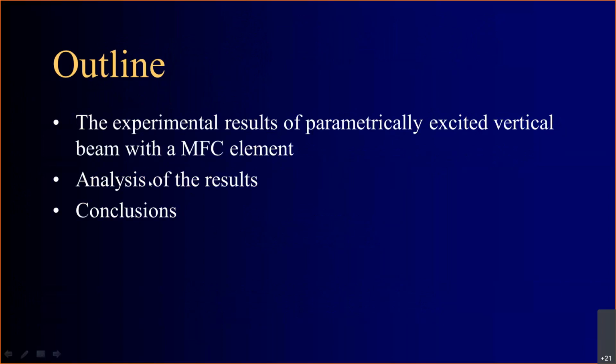And we did an experimental set of a parametrically excited vertical beam, where we attach the piezoelectric element on the beam. And we made some measurements, and I would like to show these results.